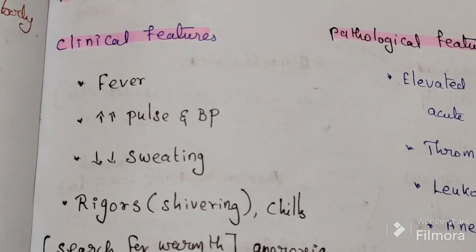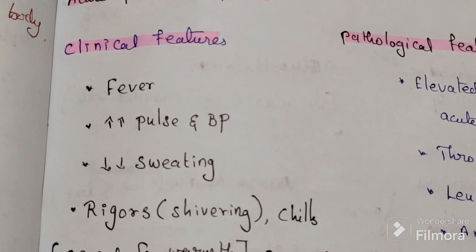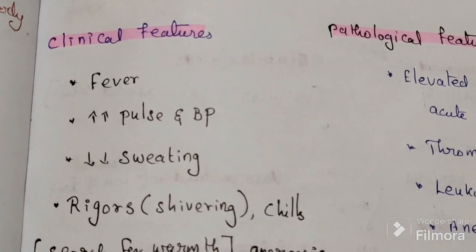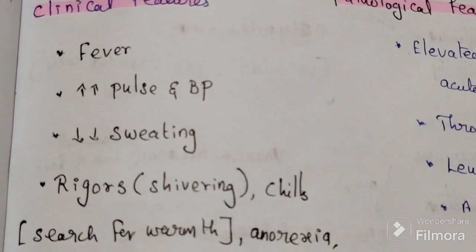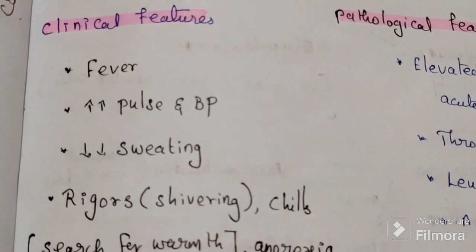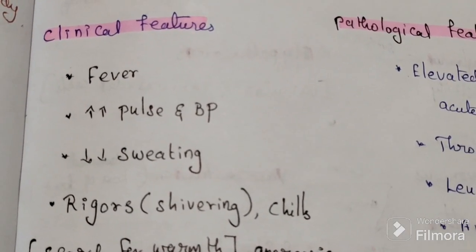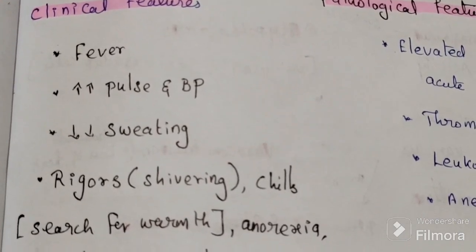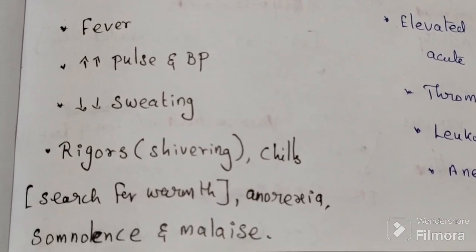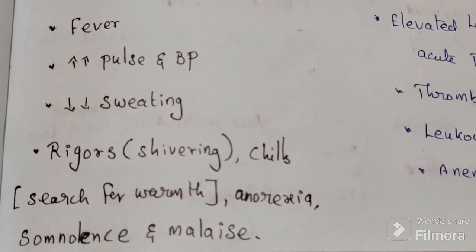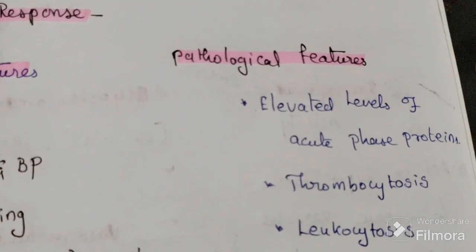So what are the clinical features? Fever, increased pulse and blood pressure, decreased sweating, rigors, that means shivering, chills, anorexia, somnolence and malaise. Then what are the pathological features?